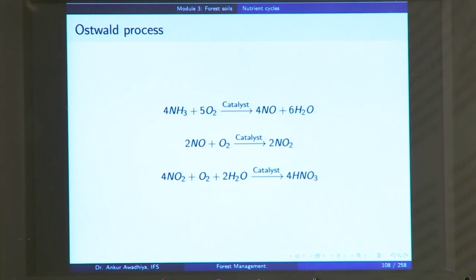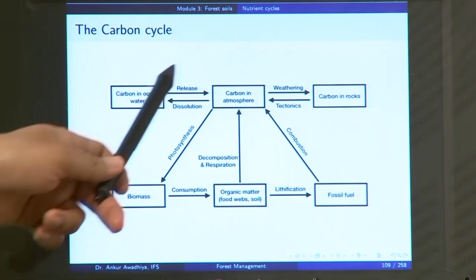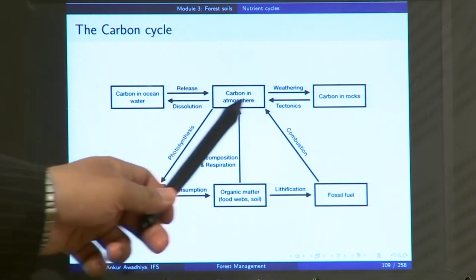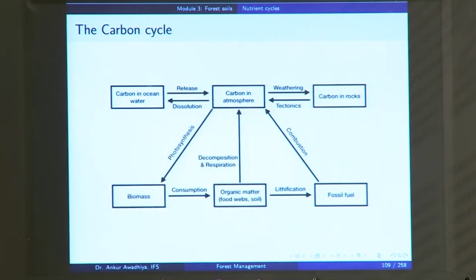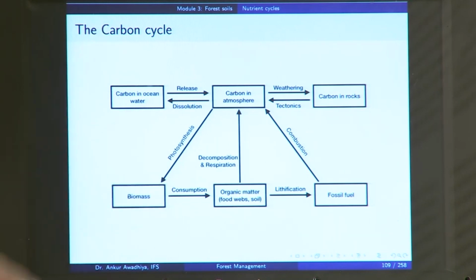Next, we will have a look at the carbon cycle. Now, carbon is having a number of reservoirs. So, you have carbon in the atmosphere in the form of carbon dioxide, you have carbon in the ocean water, which is dissolved in the form of carbonic acid, you have carbon in rocks primarily in the form of carbonates, and then you also have carbon in the biomass of different organisms.